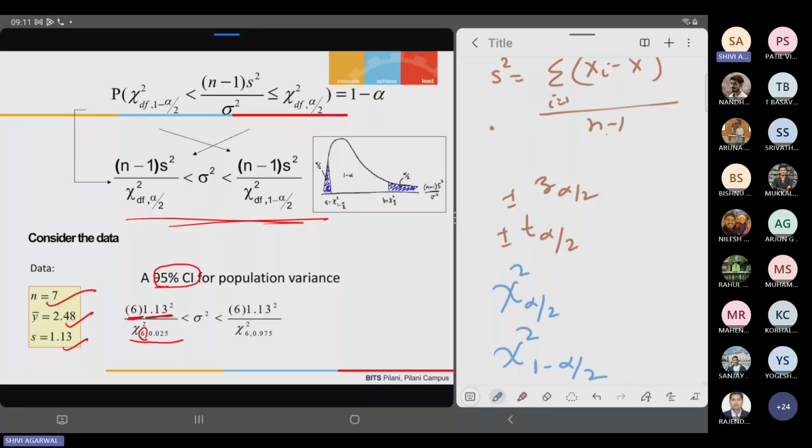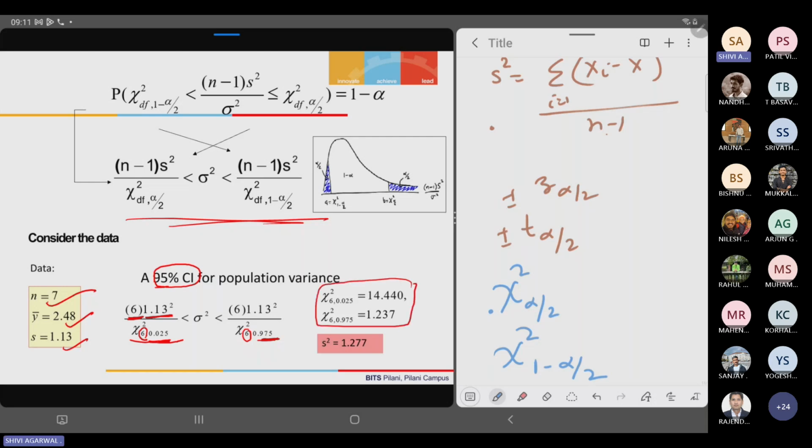Yes, it is a topic in the book. Then it is equal to 6, and this is alpha by 2, and this is 1 minus alpha by 2. And I will discuss the table later on.